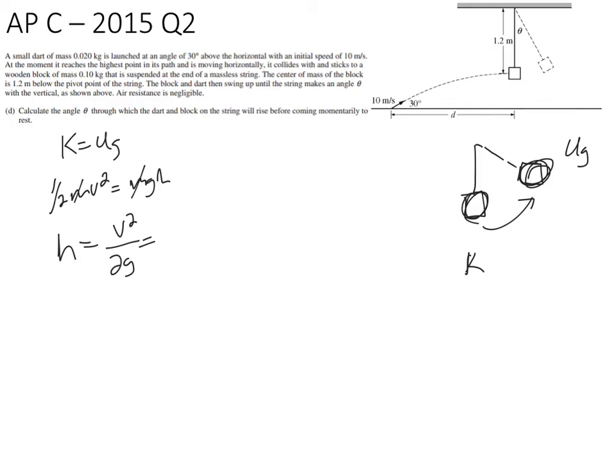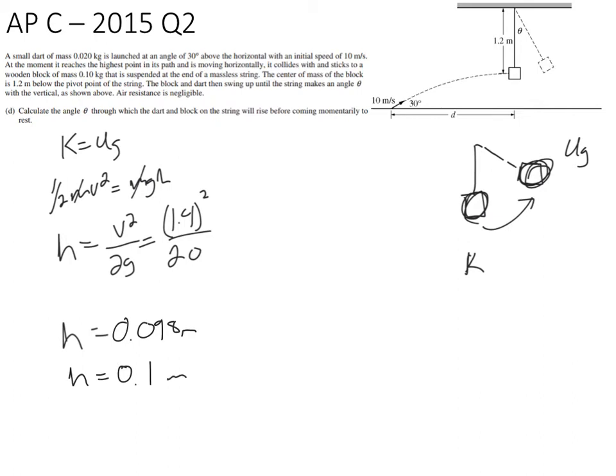We said that the velocity was 1.4, squared, over 20-ish. 1.4 squared, I have no idea what that is. It's something. Alright, so this height is going to be about 0.098 meters. Now I'm just going to round it to 0.1 meters.